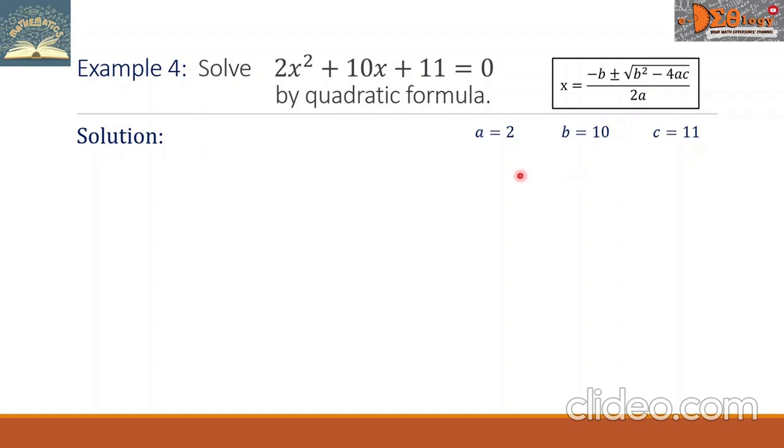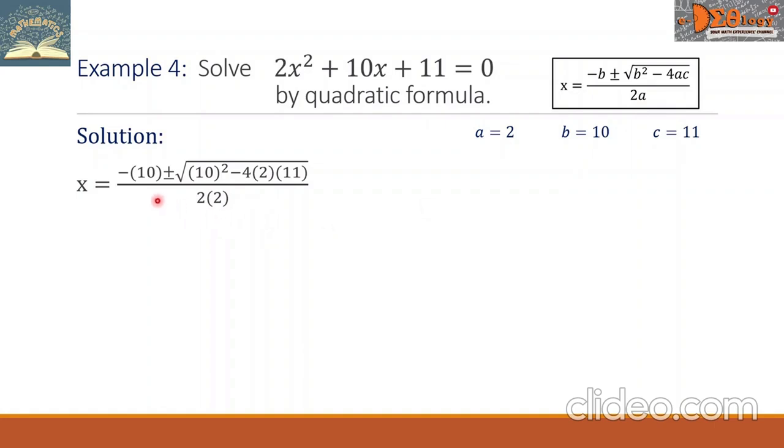Then we substitute the values a, b, c in our equation. So we have x equals the negative of 10 plus or minus the big square root 10 squared minus 4ac, and that is 4 times 2 times 11 all over 2a, that is 2 times 2.